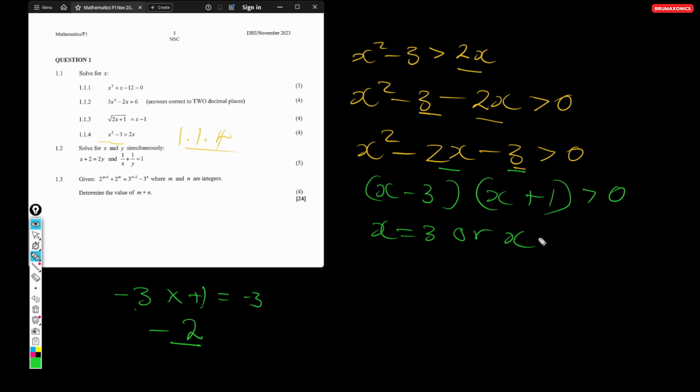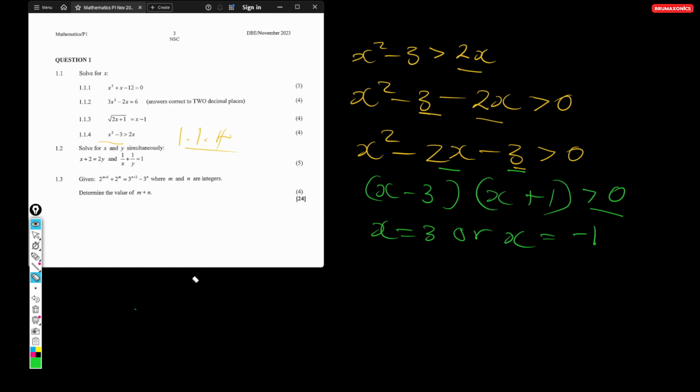And then x is equal to negative 1. And remember, we are looking for the values of x that are greater than 0. So we have to go and sketch a graph for these values, right? So let me erase the board.